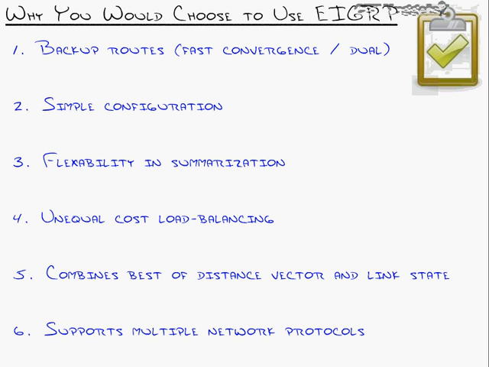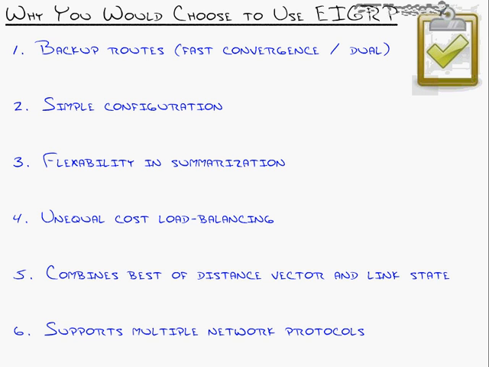You type in a few network commands and poof, you're running. It doesn't take much. Third, flexibility and summarization, meaning you can summarize anywhere you want in your network rather than having to have specific routers that can do summarization. It's wide open to you and your design.